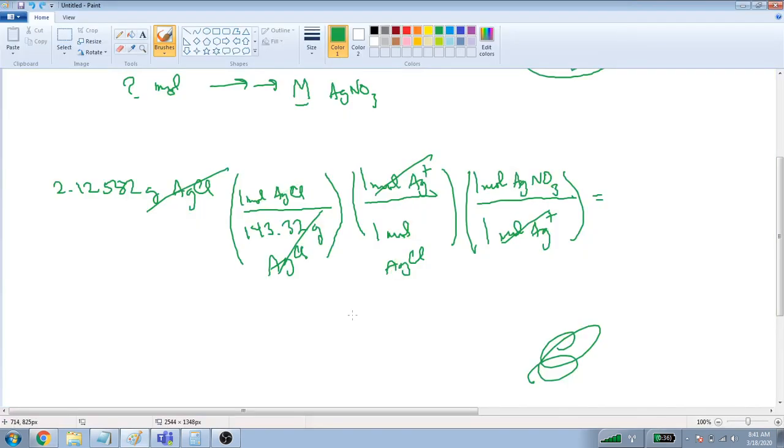So actually, I'm not done here yet. I need to convert AgNO3 to grams. So 1 mole of AgNO3 is how many grams?